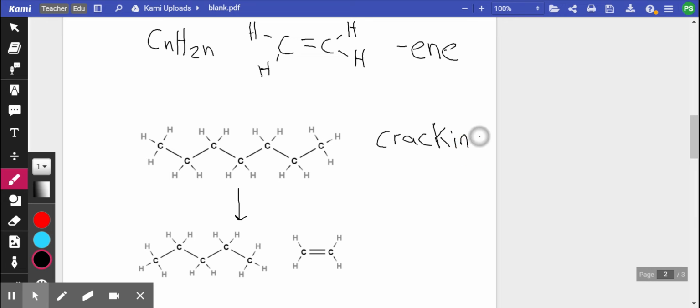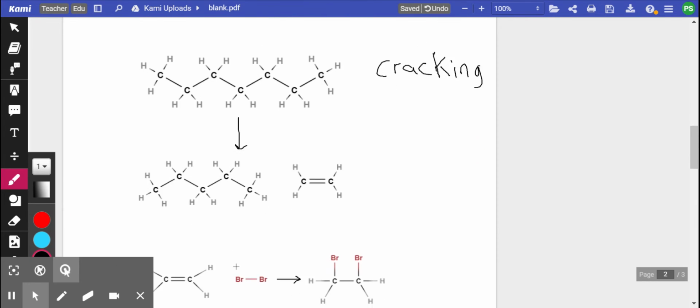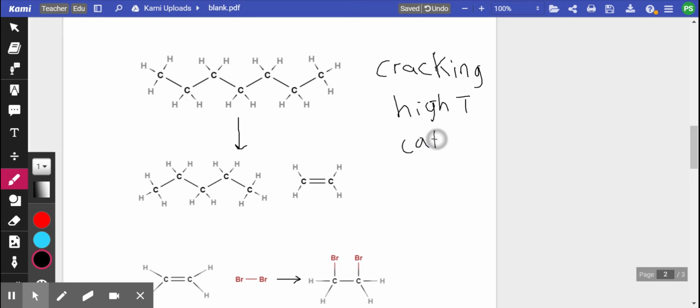And when you perform cracking of a long alkane, you make another alkane and a smaller alkene. So in this case, we go from heptane to pentane and ethene. Okay, so this is how we get alkenes in the first place: high temperature and catalyst.